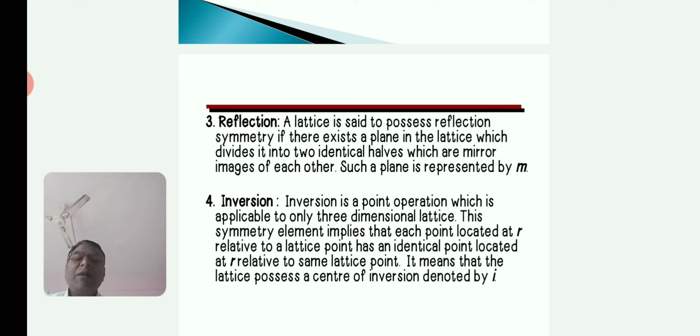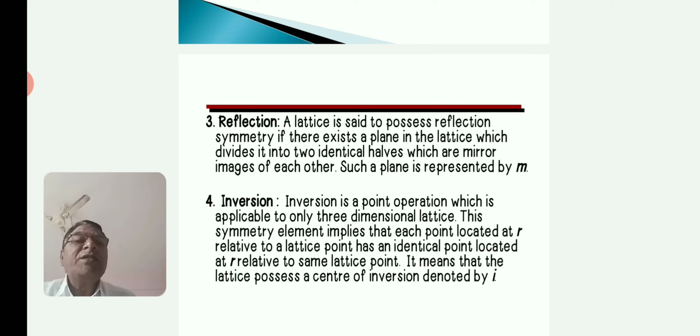The third point in symmetry operation is reflection. In this reflection, a lattice is said to possess reflection symmetry if there exists a plane in the lattice which divides it into two identical halves which are mirror images of each other.